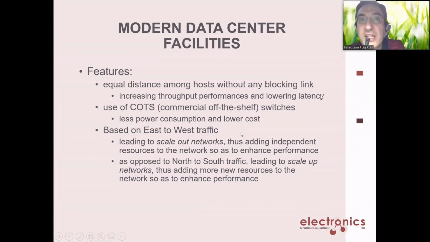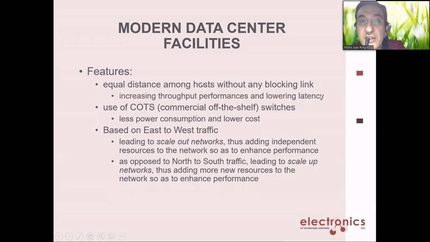But in modern data center facilities, we need the following features. We need equal distance among hosts without any blocking link, thus increasing throughput performance and lowering latency. We also need the use of COTS, commercial off-the-shelf switches, meaning less power consumption and lower cost.